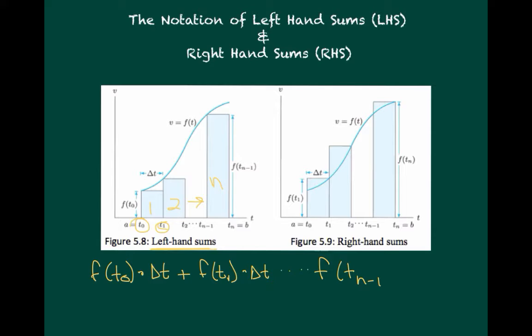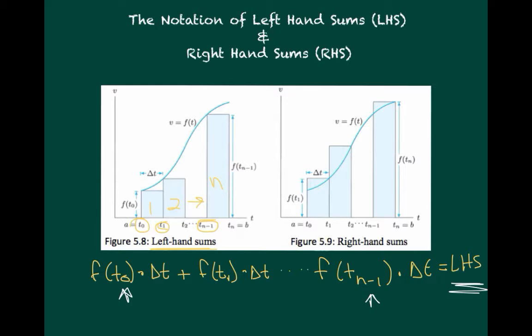So it wouldn't be sub n because I need to use the left-hand height of the curve. So it's f of t sub n minus 1 times delta t. And that becomes what is known as our left-hand sum. Notice the first term is t sub 0, and it goes to t sub n minus 1. That's how you recognize a left-hand sum.